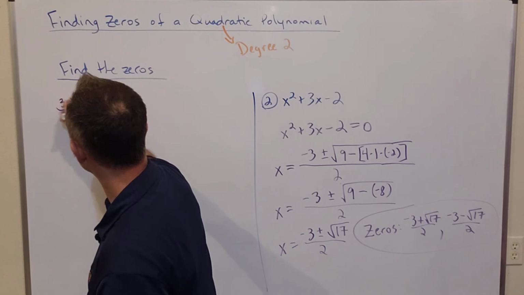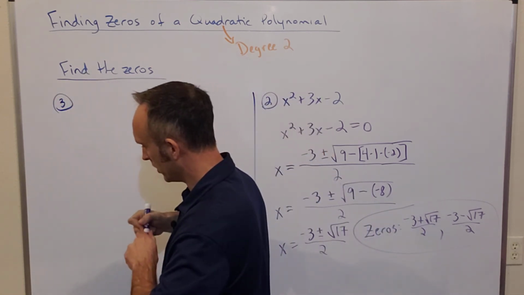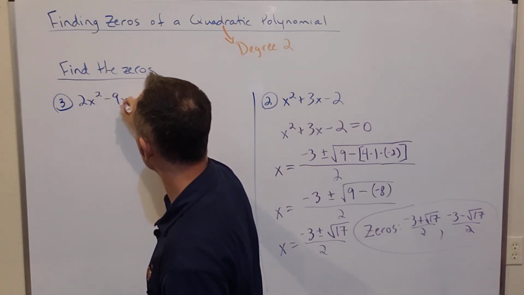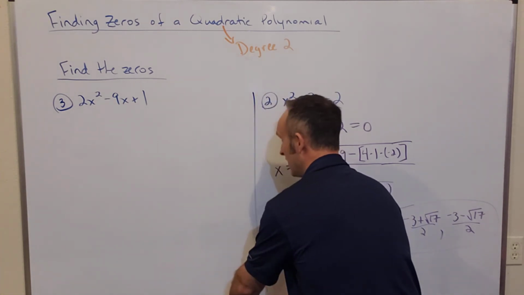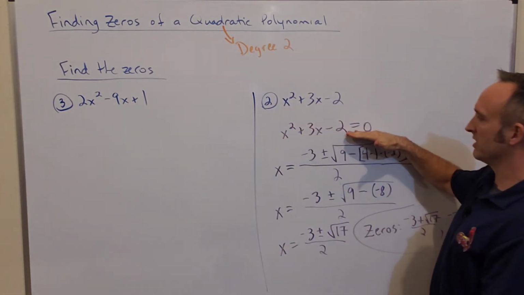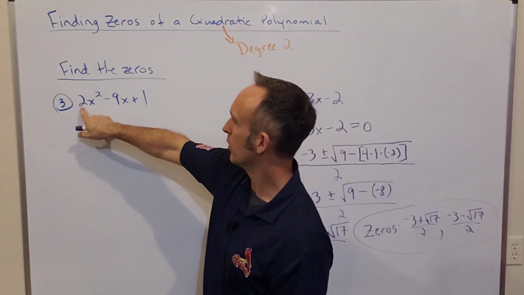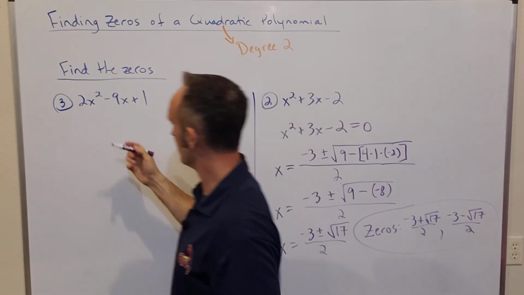Our third example. The third one, we want to find the zeros of 2x squared minus 9x plus 1. Again, we have this x term. And rather than writing the step where I set it equal to 0, I'm just going to go directly to the quadratic formula where a is 2, b is -9, c is 1.